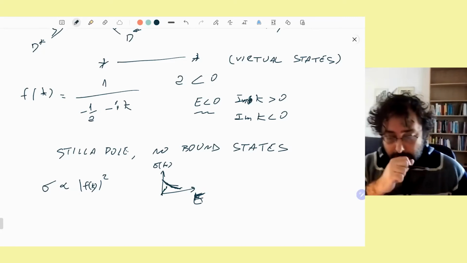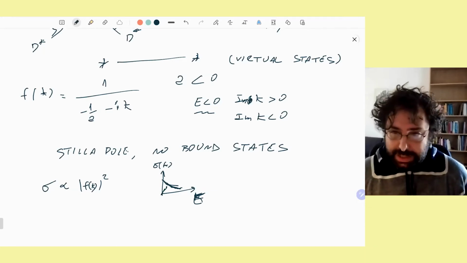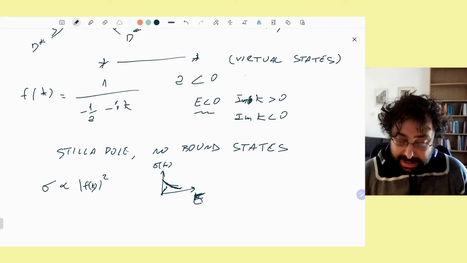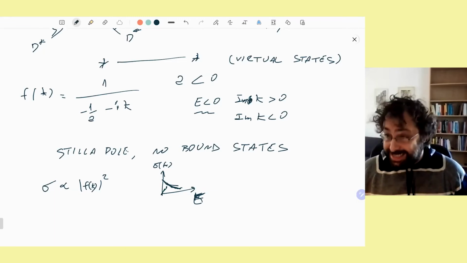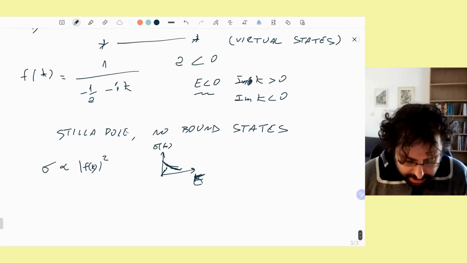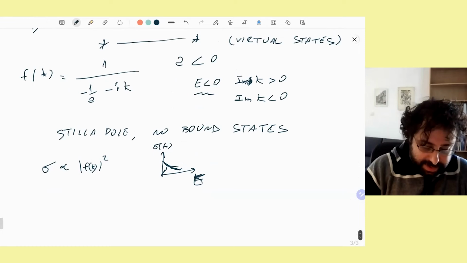Okay. So you can call this enhancement of the cross-section that is not related to a honest-to-God bound state the existence of a virtual state. And this is something that actually exists in nature, and that's the last thing I'm going to tell you. This happens for example, in the case of proton-neutron scattering.